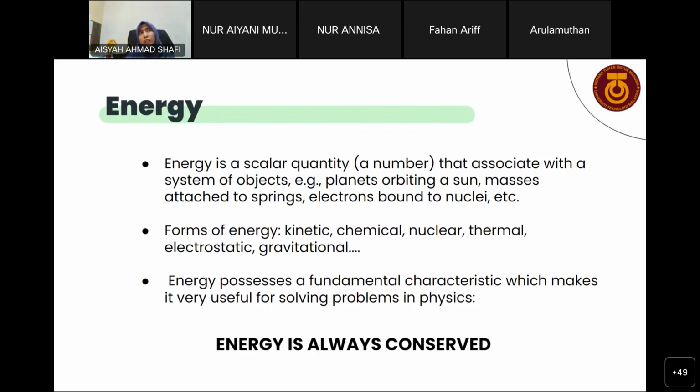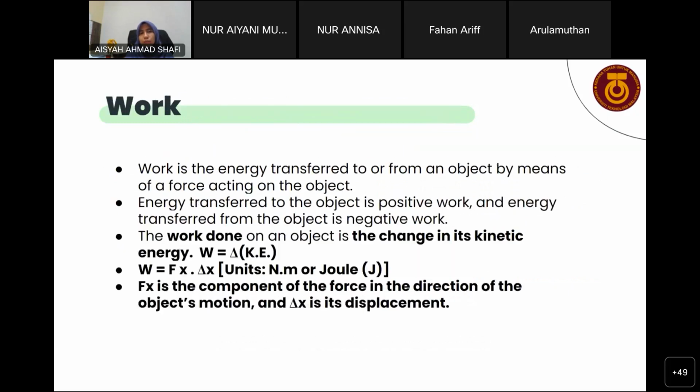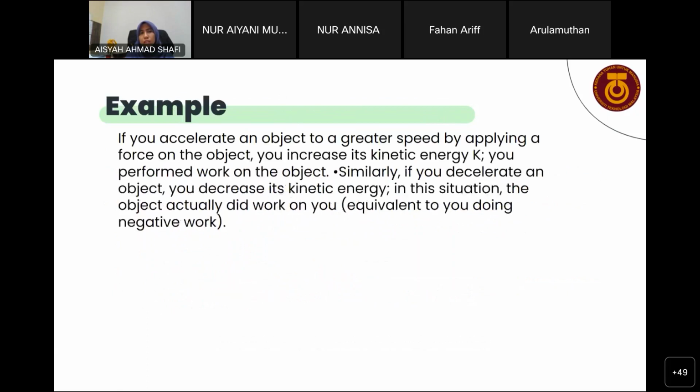In kinetics, there are two terms that we need to highlight: work and energy.